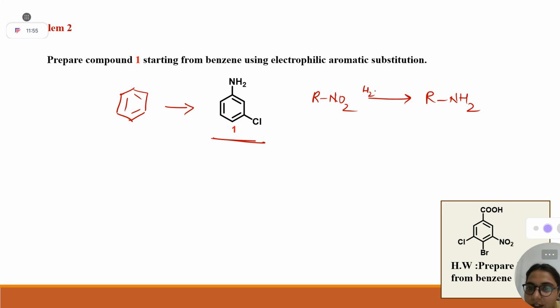If you don't know, let me tell you. Reduction, H2/Pd-C reduction, or other things are also there. For example, you have read in your 12th class NCERT book, right? What reagent was there for conversion? Zinc amalgam? Okay, another in 12th class book.